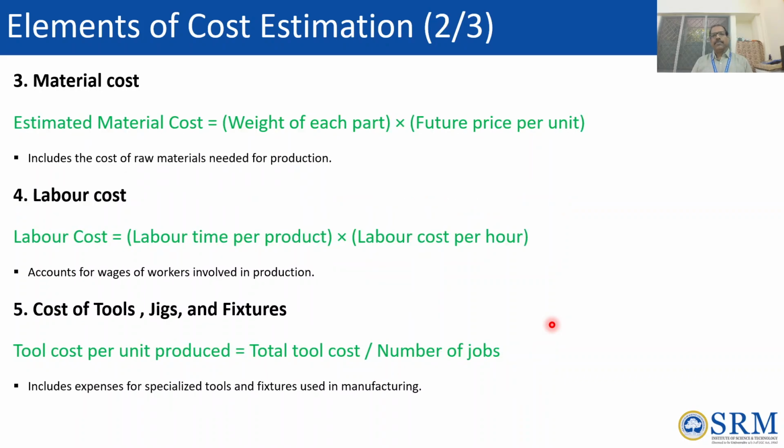Then material cost. What material we are using, how much volume we are going to use, and what is the cost involved for that particular material. So estimated material cost would be the weight of each part multiplied by the future price per unit. Okay. Why future price? Because we are going to estimate.